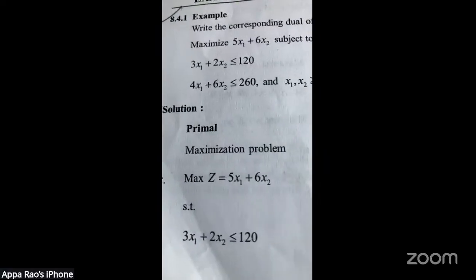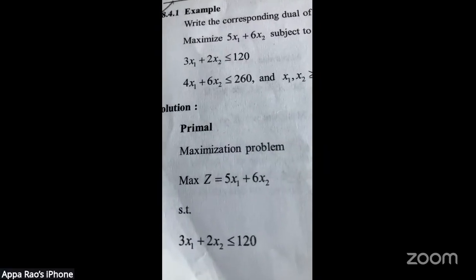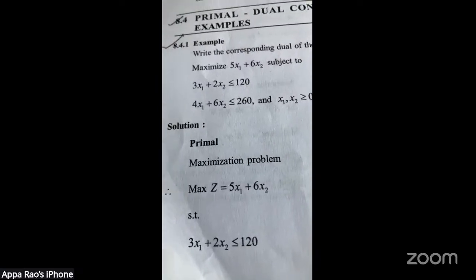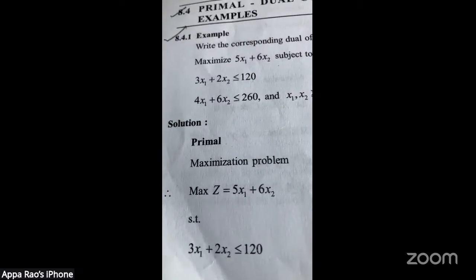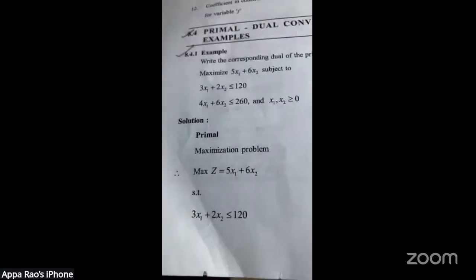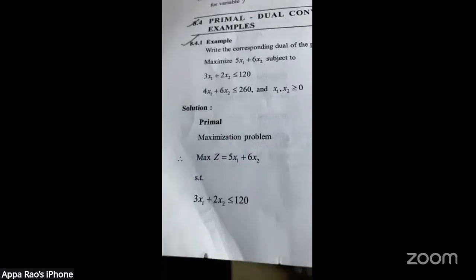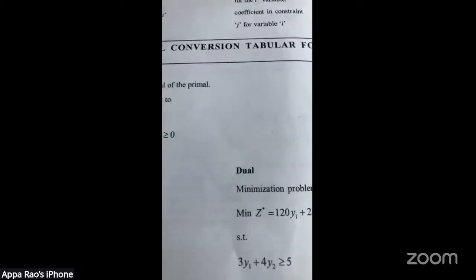So primal means a maximization problem. Max z equal to 5x1 plus 6x2, such that 3x1 plus 2x2 less than or equal to 120.